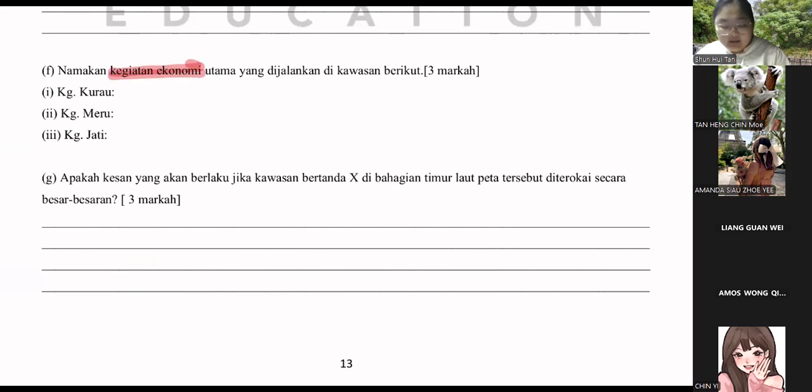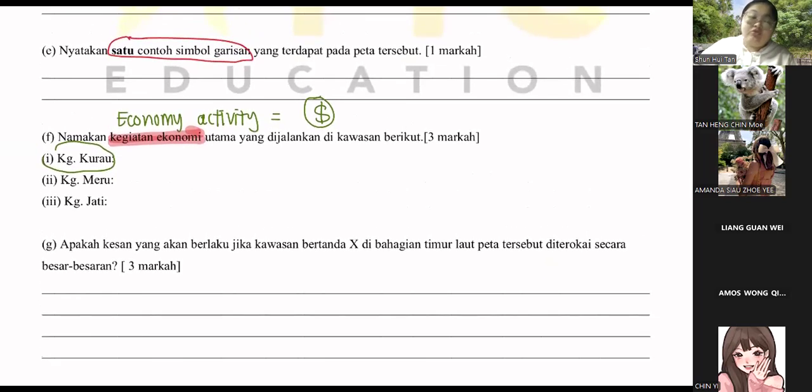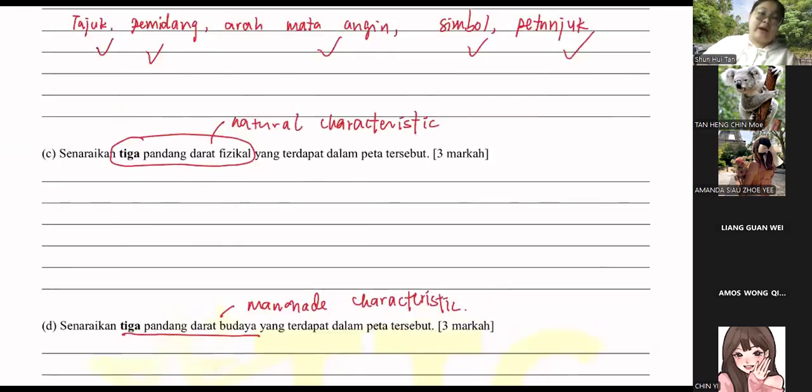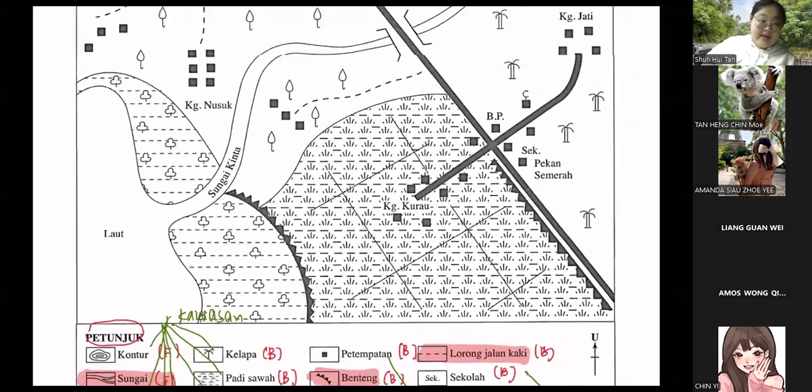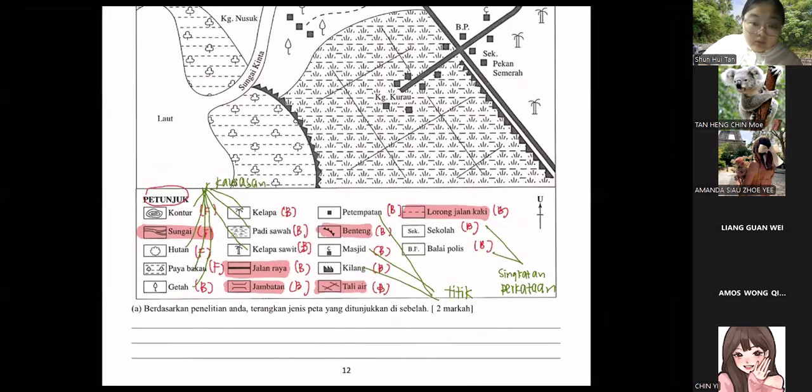Economy activity, and normally it represents what activity humans use to get money. So they ask you, look at this Kampong Kurau. Think of it. What activity do they do to earn money? Let's look at Kurau lah. Kampong Kurau is where?